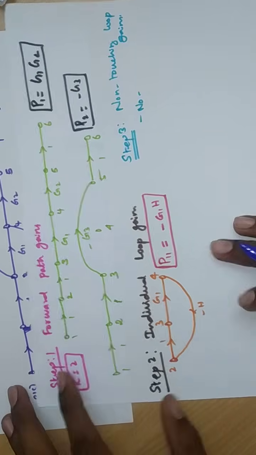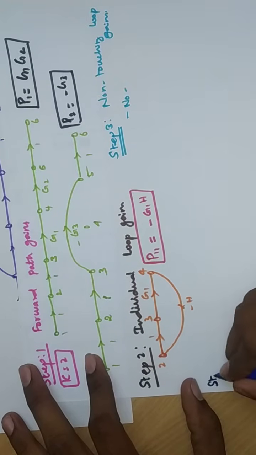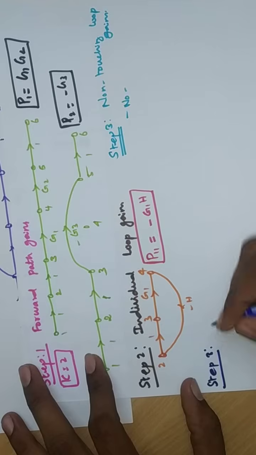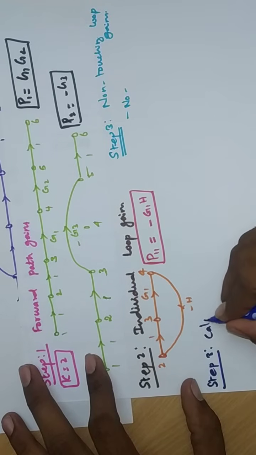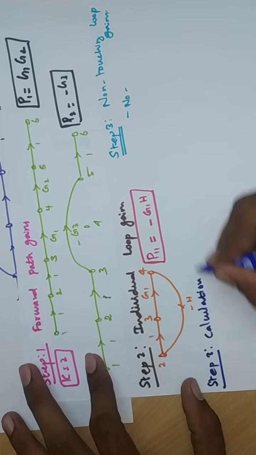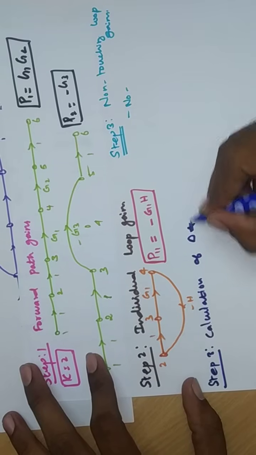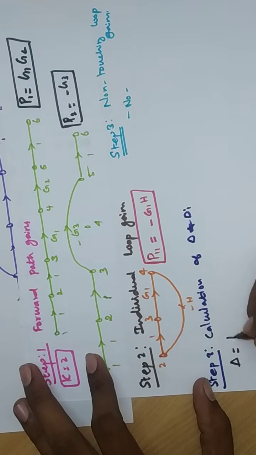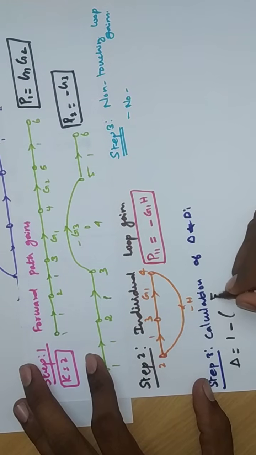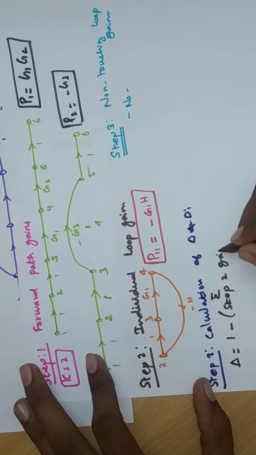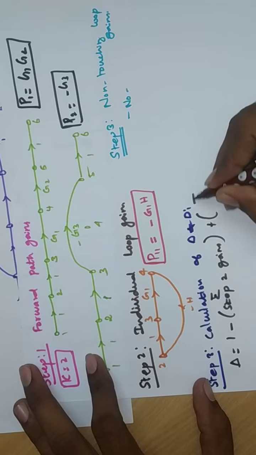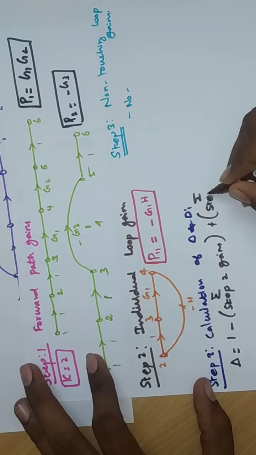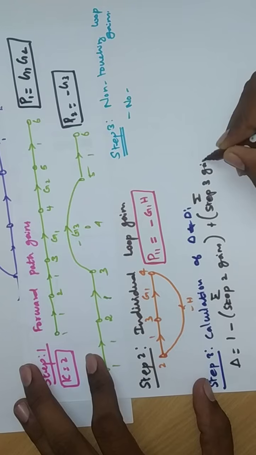So we are going for the next step, step number 3: calculation of delta and delta I. Delta is equal to 1 minus the sum of step 2 gains plus the sum of step 3 gains.